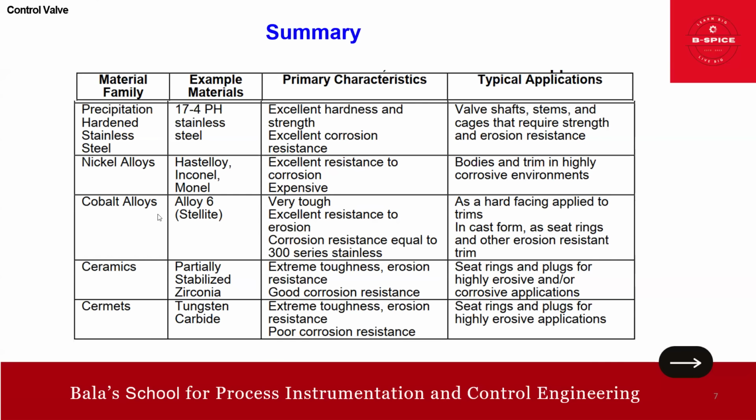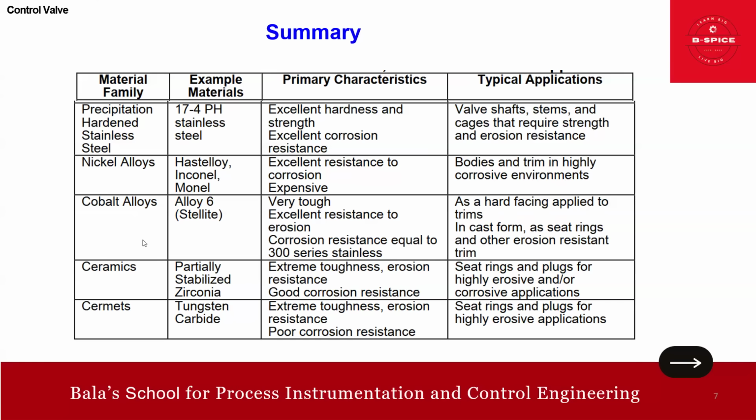Then cobalt alloy. Cobalt alloy means alloy 6 Stellite. It is very tough, with excellent resistance to erosion. Corrosion resistance is equivalent to the 300 series. We can use it as a hard facing applied to trims, and also in cast form, like seat rings or other erosion resistant trim.